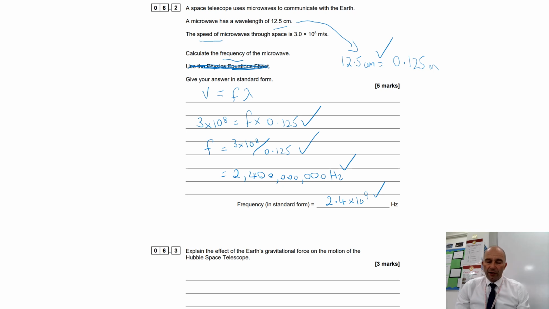Alright, 6.3. Explain the effect of the Earth's gravitational force on the motion of the Hubble Space Telescope.